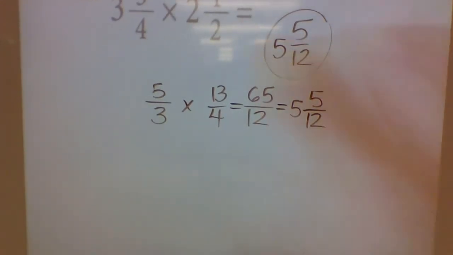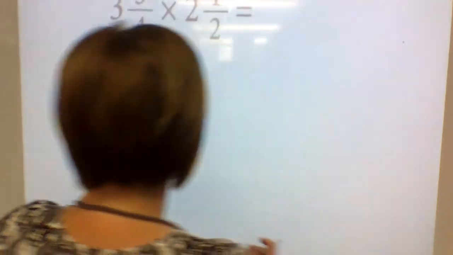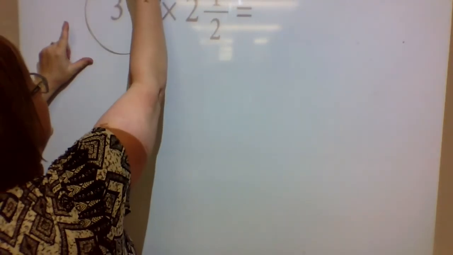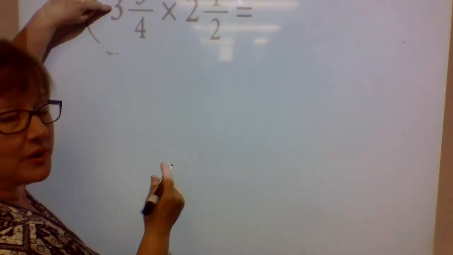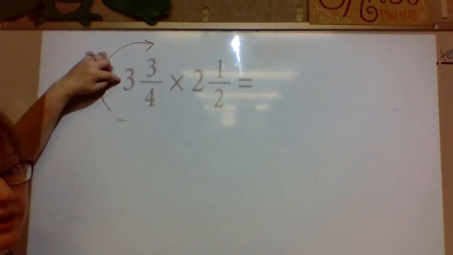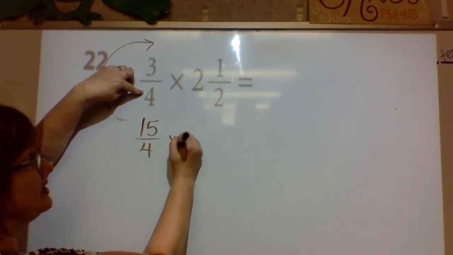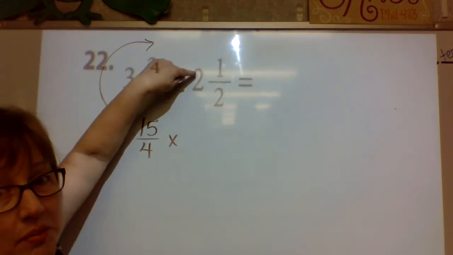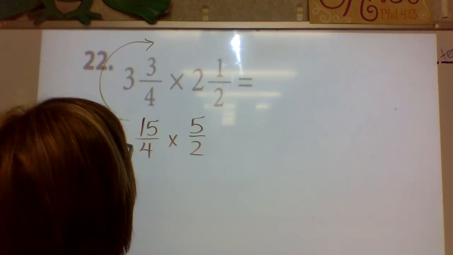22. Okay, backward C, upside down C, whatever you want to call it. 4 times 3 is 12 plus 3 is 15 fourths times 2 times 2 is 4 plus 1 is 5. 5 halves.